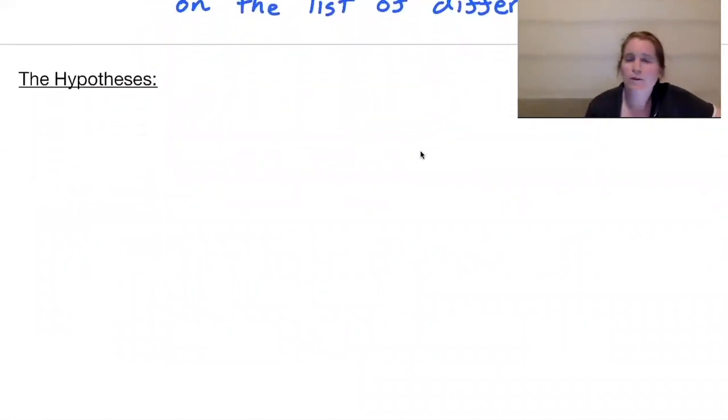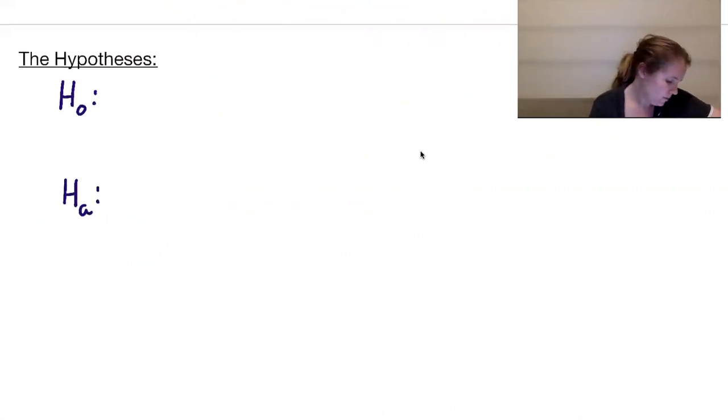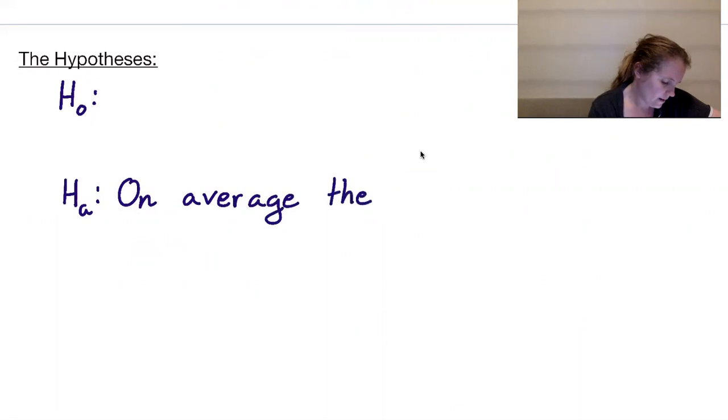The way we write our hypotheses, we can use the word lowers or increases. So our alternative hypothesis in this particular problem would be, on average, the diet results in weight loss.